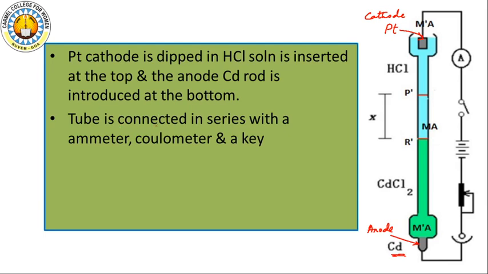The tube is connected in series with an ammeter. We have an ammeter here to measure the current. We have the coulometer here, which measures the quantity of electricity that is passing, and a key. We have a key here and a battery.